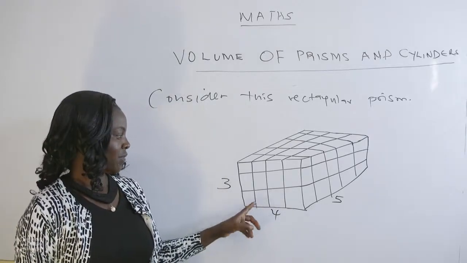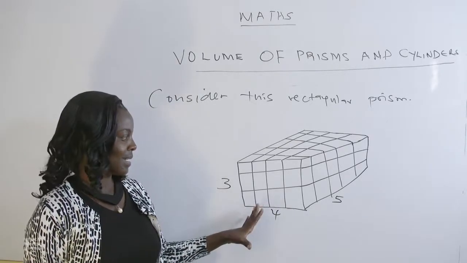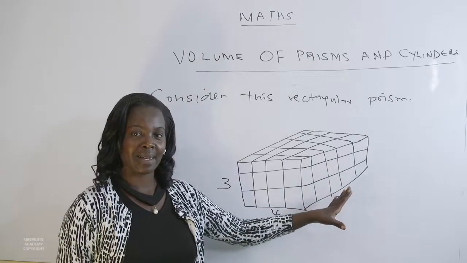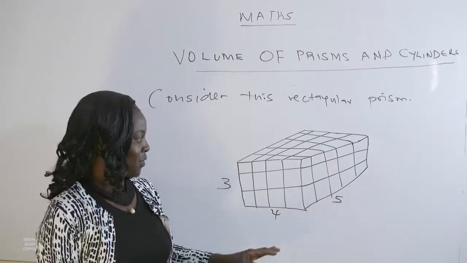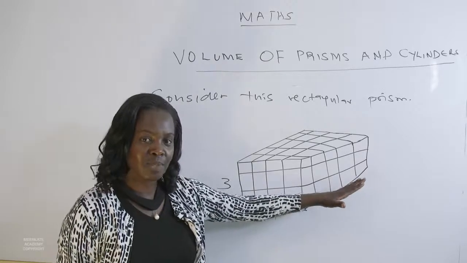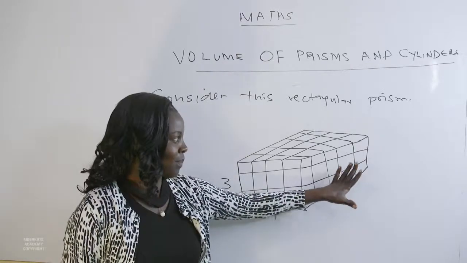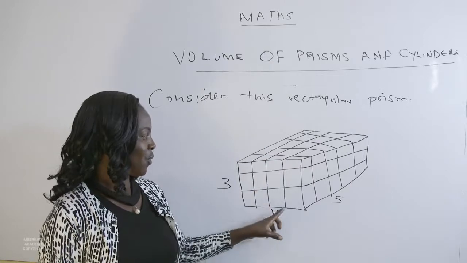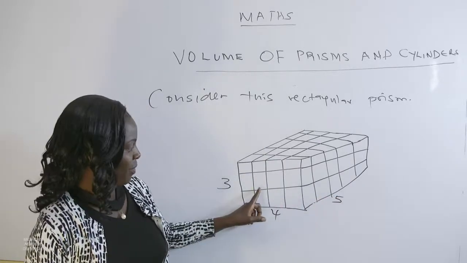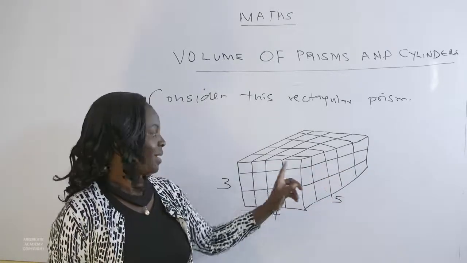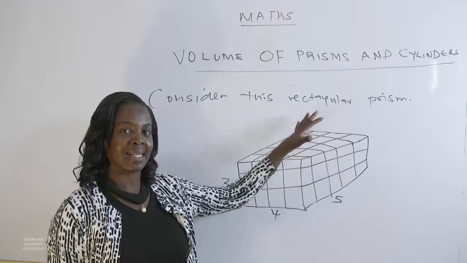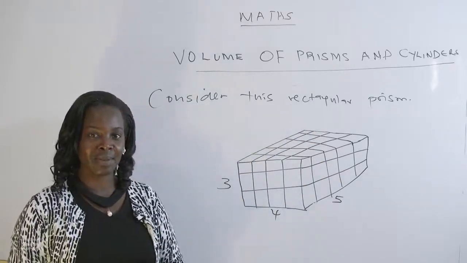Here we have cubes that are arranged to form a rectangular prism. We have the first layer of cubes, packed together to form the base. Then we have another layer of cubes. Then we have the final layer, arranged and packed together to form a rectangular prism.